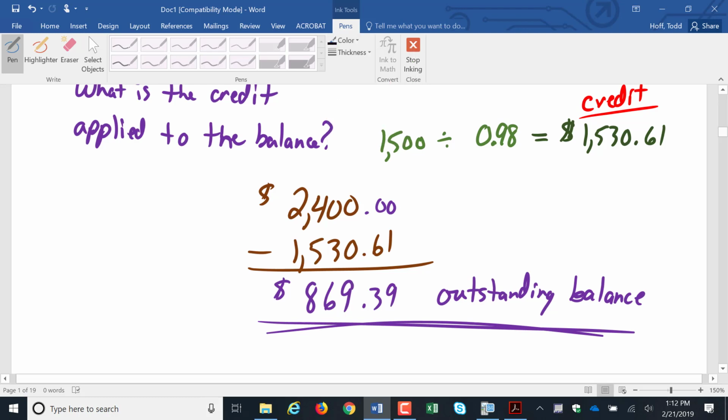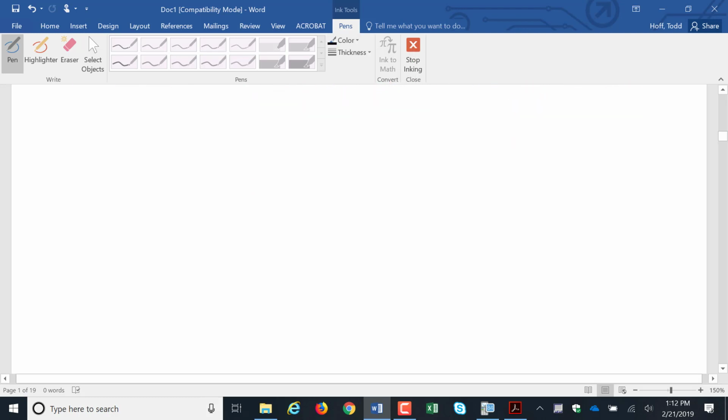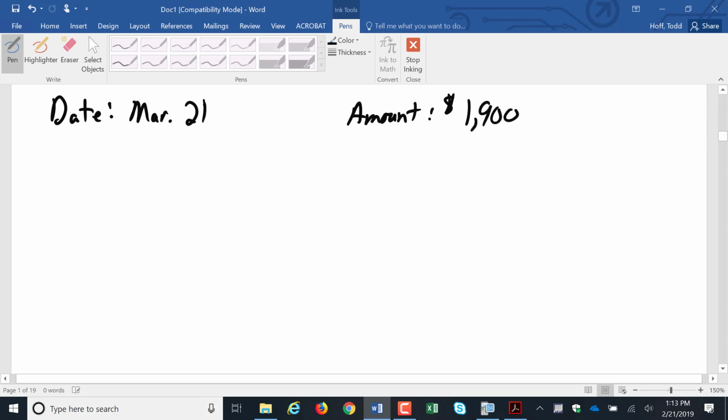So let's put this together in an example. I have an invoice that is dated March 21st, an amount of $1,900, terms 2/10, 1/15, net 30.